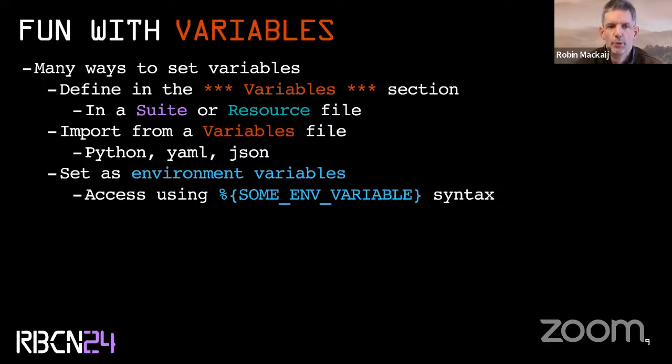What we can also do, at a higher level, is set them as environment variables, which can be at OS level or process level, or in your container where you're running things. And then you can access them directly using the special syntax as shown, the percentage sign instead of the dollar sign.